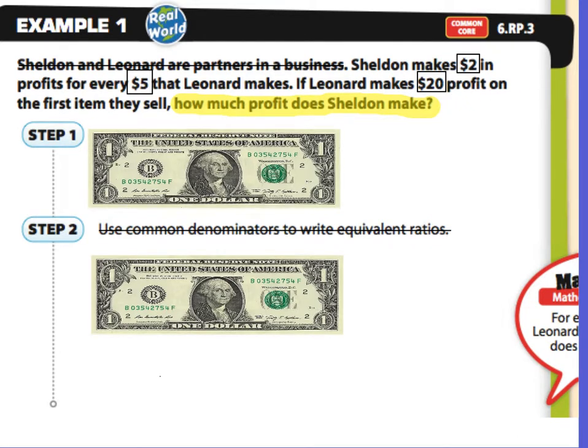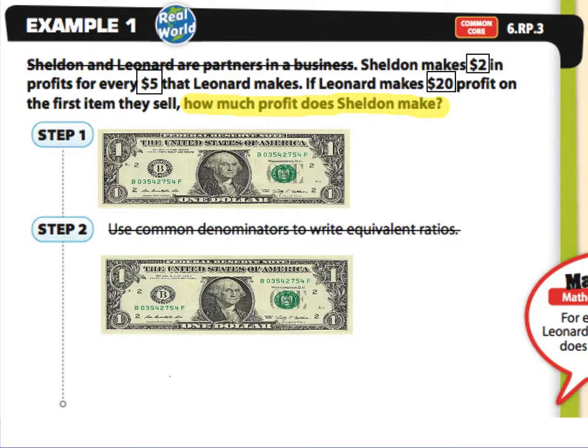And I need to make sure that I notice what goes with what. So I'm going to use my highlighter again here, and I'm going to notice that Sheldon goes with the 2, and then that 5 goes with Leonard, and that in this case Leonard gets the 20.